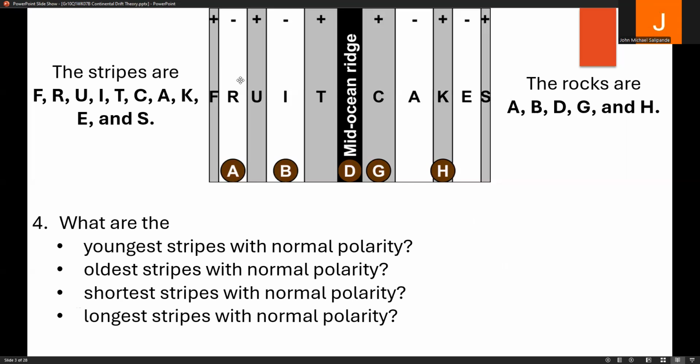When it comes to age, remember that if you are near to the mid-ocean ridge, you are considered younger, or if you're exactly at the mid-ocean ridge, the stripes or the rocks are the youngest. While if you are far from the mid-ocean ridge, the stripes are oldest.